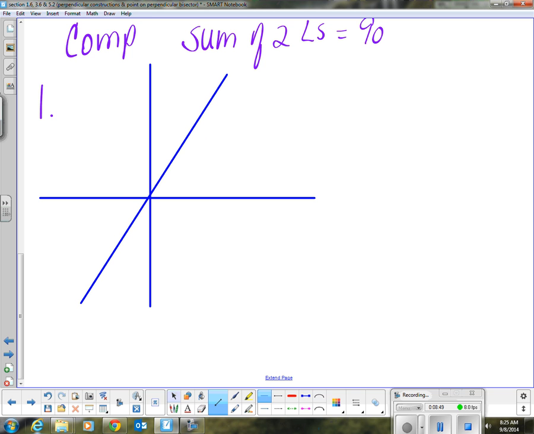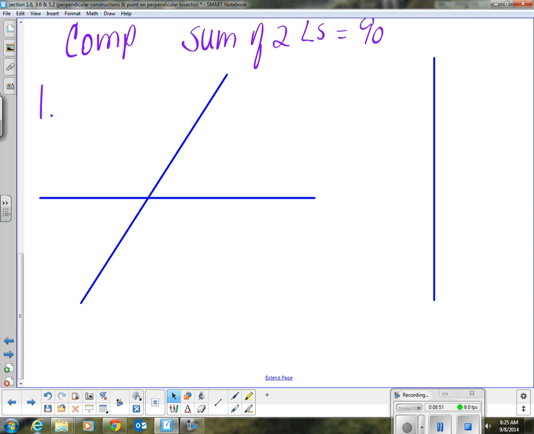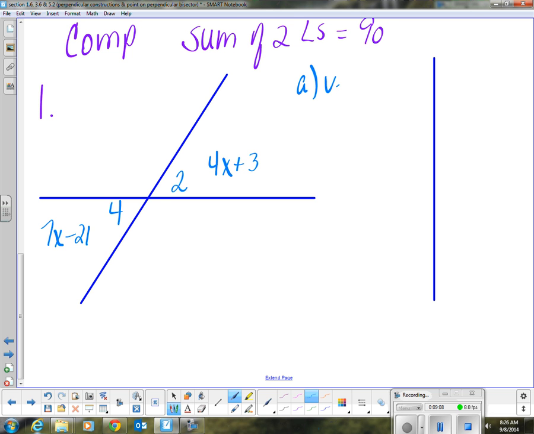And literally, I could get rid of that. This is angle 4. This is angle 2. So if angle 2 is 4x plus 3, and angle 4 is 7x minus 21, what type of angles first are these, Madison? They're vertical. Next, what is their relationship? They equal each other. So what equation do you write?